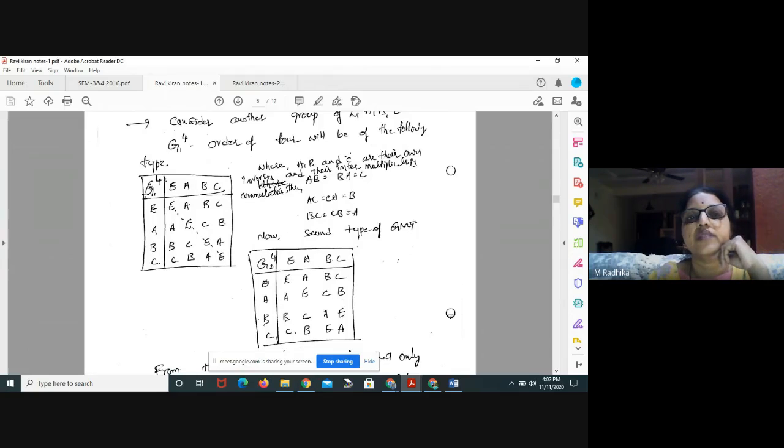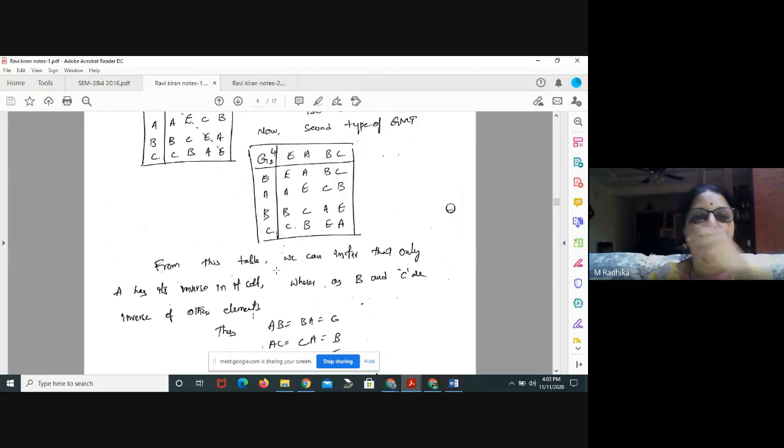There is one more method also to write this, that is G2, 4. In the first type, every element is an inverse of itself. That is the reason you are getting A into A as E.